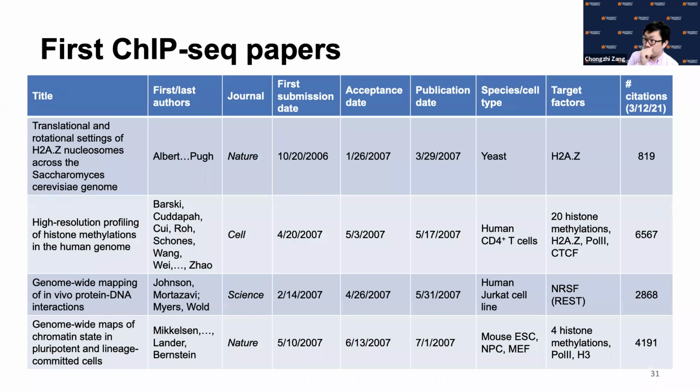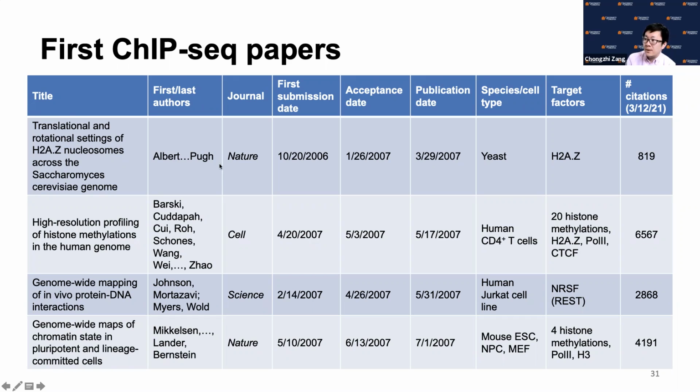So that was an exciting time, with a lot of groups working towards this end, applying the newly developed next generation sequencing technologies to study epigenomics. As we can see, these are the earliest papers, published in different high impact journals.